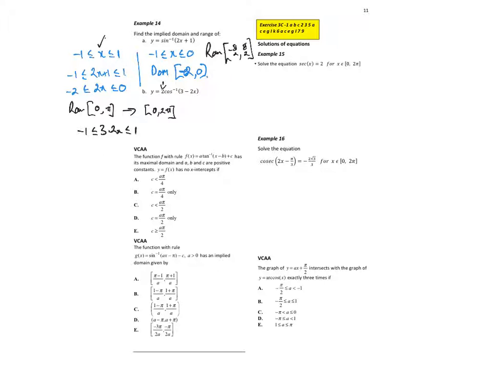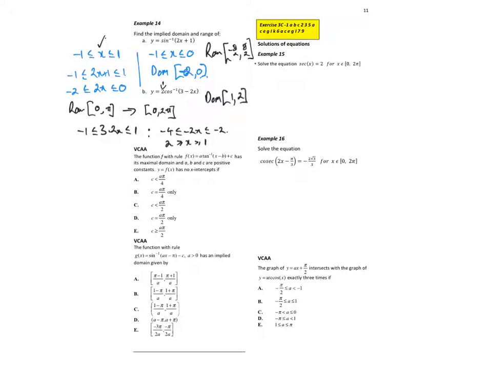Subtract 3 from both sides. So running out of room. Subtract 3, we get negative 4 is less than negative 2x, which is less than negative 2. Divide by negative 2, I get 2 is greater than x, which is greater than 1. So that makes my domain bound between 1 and 2.